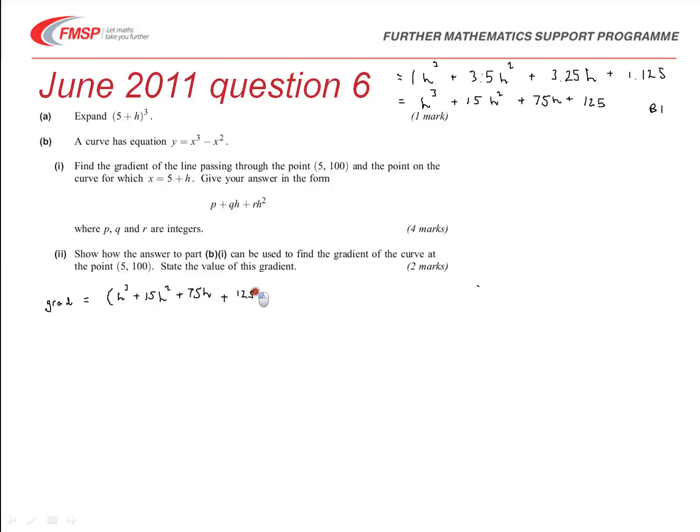Then we subtract x squared, which is (5 + h) squared. If we square out 5 plus h, we get h squared plus 10h, 5 times the h both times, plus 25.